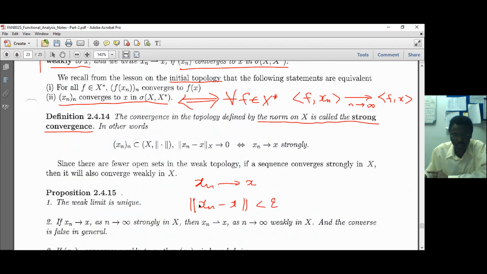So which means that this norm converges to 0. To say it's less than epsilon means that this norm converges to 0. I mentioned it in one of the previous classes, and which is equivalent to this with the full arrow. That's strong convergence, or converges strongly. So this is what you know, and this is new. You see that here we use the duality bracket.